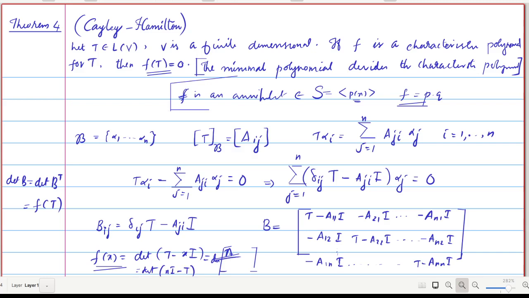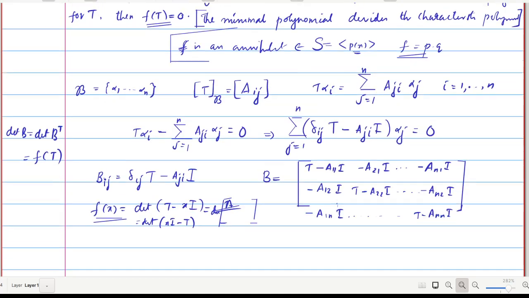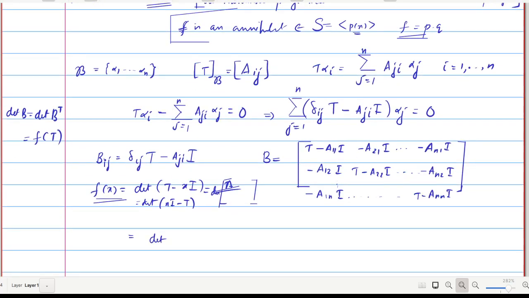The matrix of t is a ij, so this can be written as the determinant of the matrix xI minus t, that is x minus a11, minus a12, etc., minus a1n, and then minus a21, x minus a22, etc., minus a2n, and last minus an1, etc. The last term will be x minus ann. So this is the matrix xI minus t.